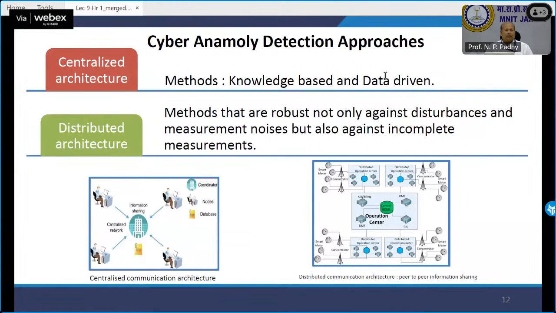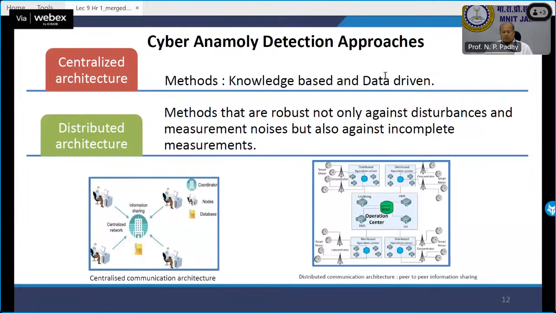Centralized architecture methods, knowledge-based and data-driven techniques, ML and AI methods, and distributed architecture. So there is one approach which is centralized, and the other approach which is distributed. Methods that are robust not only against disturbances and measurement noises, but also against incomplete measurement, that is distributed architecture, which is a quite strong method.